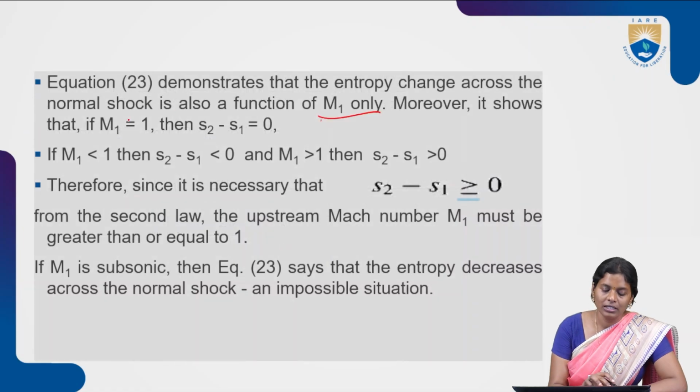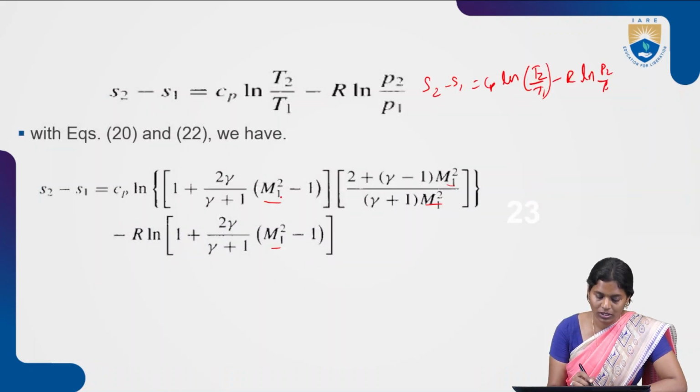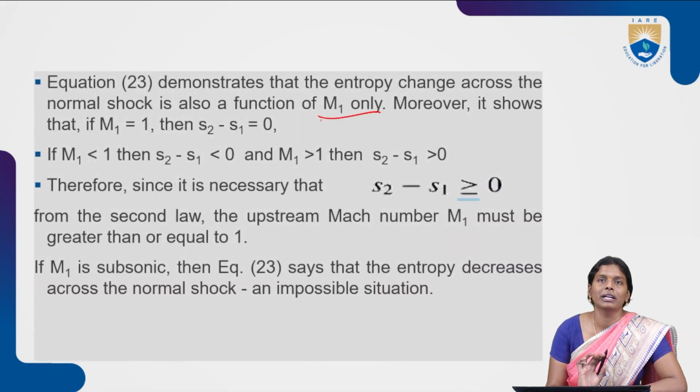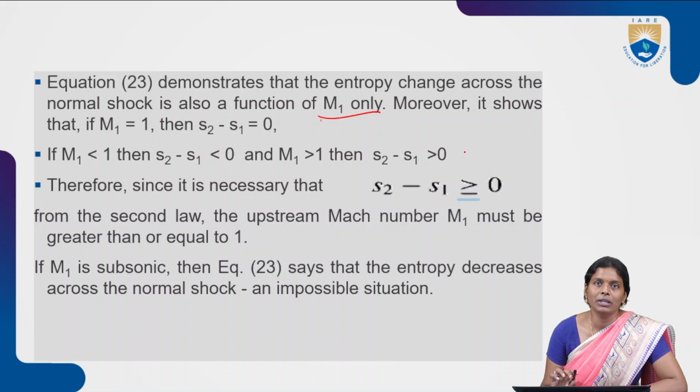Moreover, if M1 equals 1, then we have ln of 1, which is nothing but 0, so S2 minus S1 equals 0. If M1 is less than 1, then S2 minus S1 is less than 0. If M1 is greater than 1, S2 minus S1 will be greater than 0.